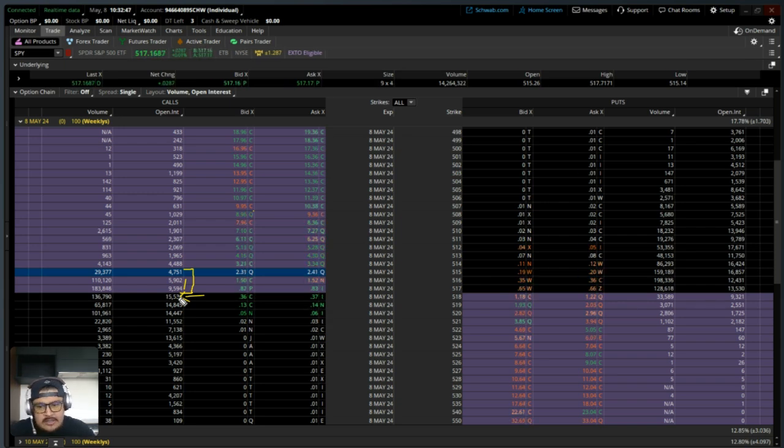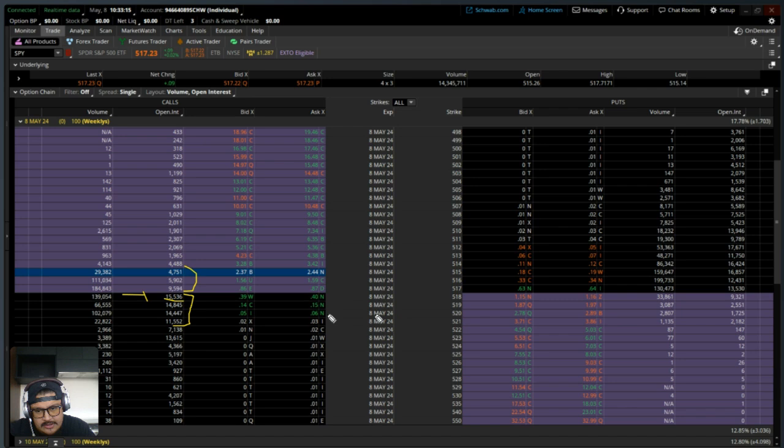The way this works is, if we erase this, this area right here, this 15,000, since there was a gap, is the first point that we have of resistance, at this 518. After this, you can see that we have a big gap of big open interest all the way up to this 520 or so.